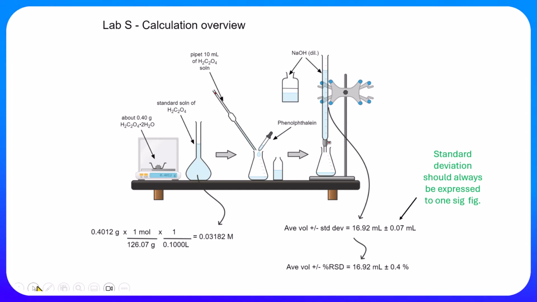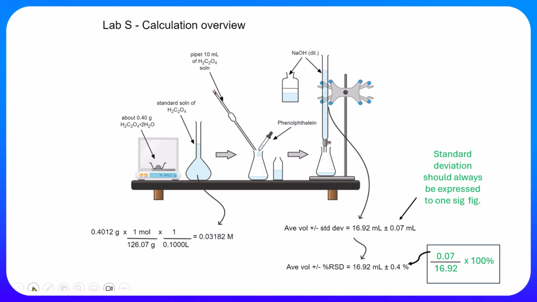So we're going to find what we call the percent relative standard deviation. Very simple calculation. All you do is you take your actual standard deviation, divide by the average volume times 100%. Again, this should be expressed to one significant figure. Note, however, the decimal place is irrelevant in terms of how you express the average volume.